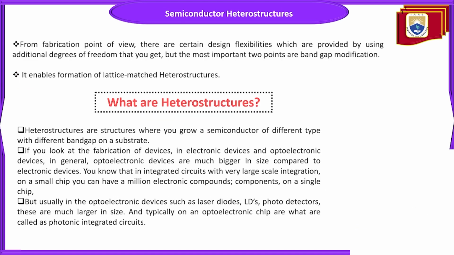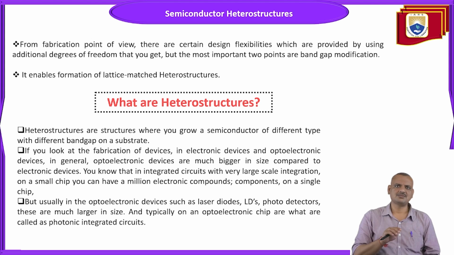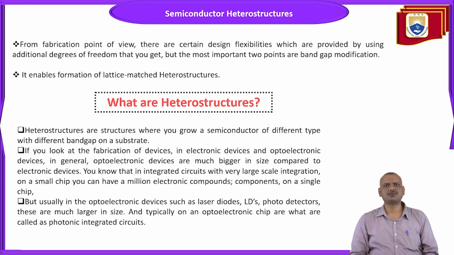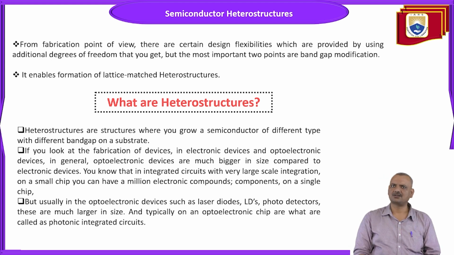And what are heterostructures? Heterostructures are where you grow semiconductors of different types with different band gaps on a substrate. Just now I told you. If you look at the fabrication of devices, in general, optoelectronic devices are much bigger in size compared to electronic devices. You know that in an integrated circuit, with very large scale integration on a small chip, you can have a million electronic components on a single chip.